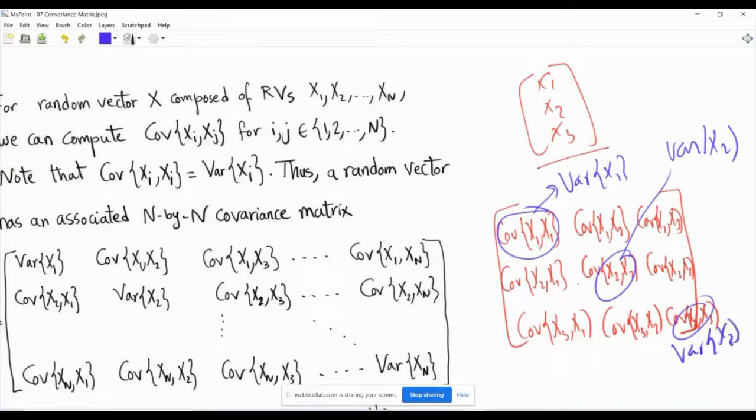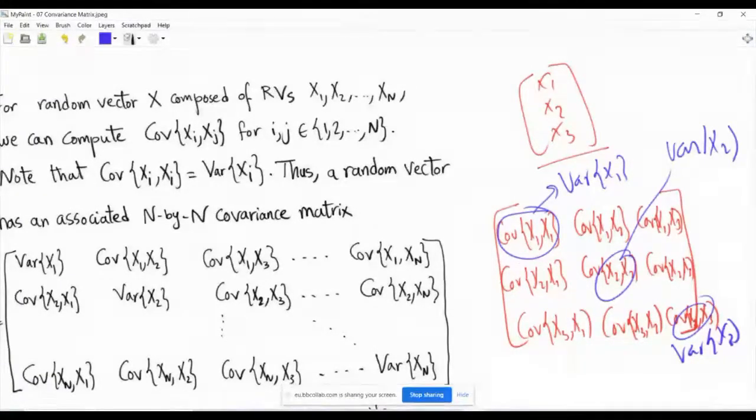Okay, so you generate each row here again by computing the covariance of one of the random variables with all the components of the random vector, including with itself. And by doing this, we construct a matrix, and this matrix will be called the covariance matrix.